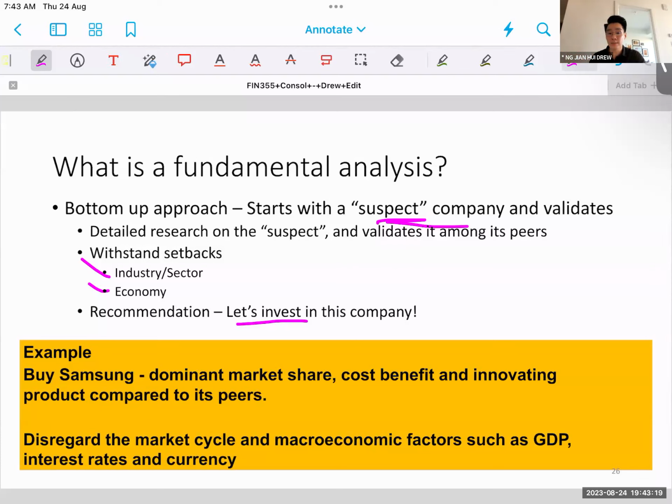Equity investment meaning what? You really have to be knowledgeable about the industry and the developments, and therefore, from the top down, you decide what firm to invest in, right? But in the case of this course, in the case of writing your investment reports, you'll use the bottom-up approach.